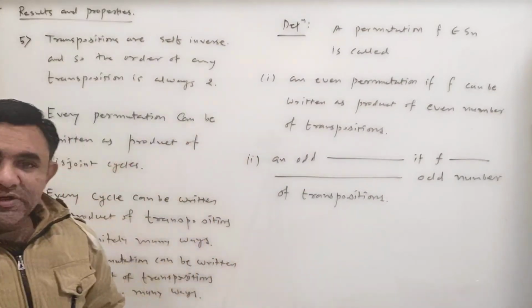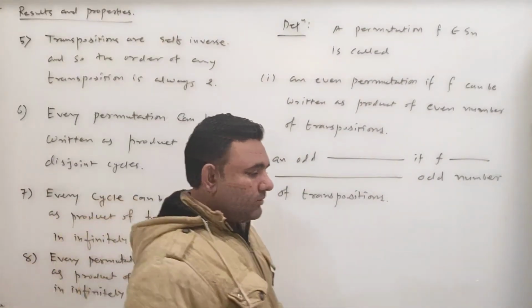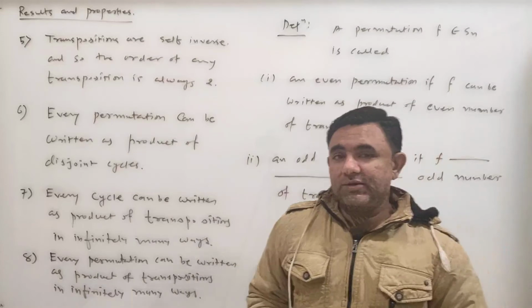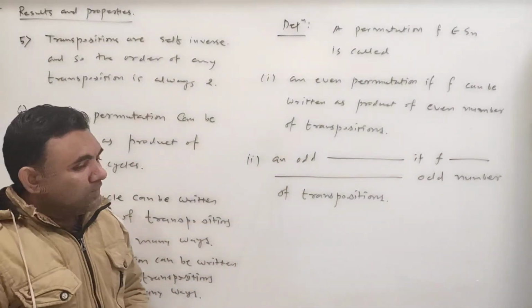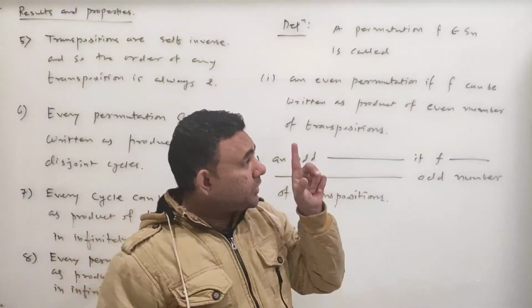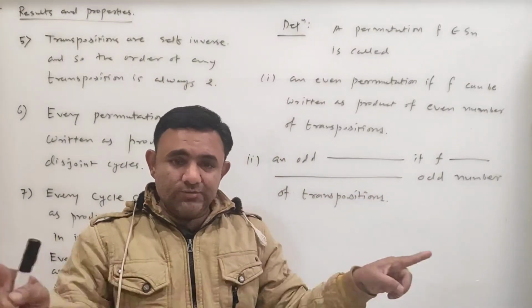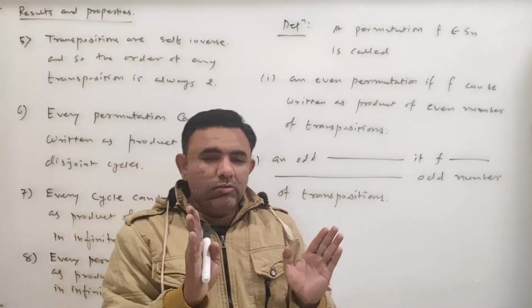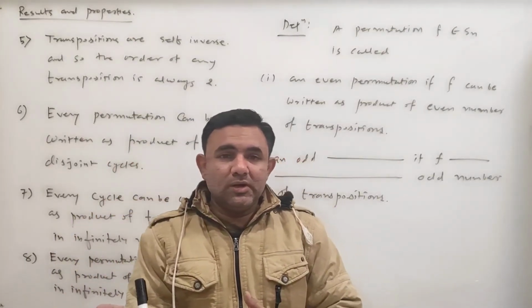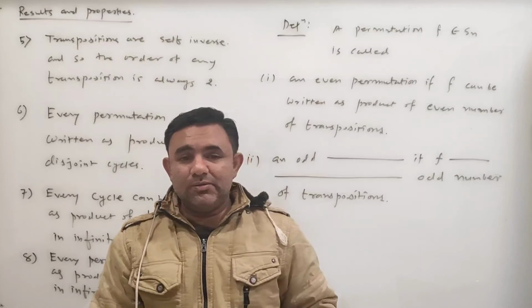मतलब मुझे कोई permutation दे दिया है तो उसको मैं वो even permutation है या odd permutation है वो कैसे distinguish करूँगा. I will write that permutation as a product of transpositions and we know how to write it. Then you count how many transpositions are required to represent that permutation.